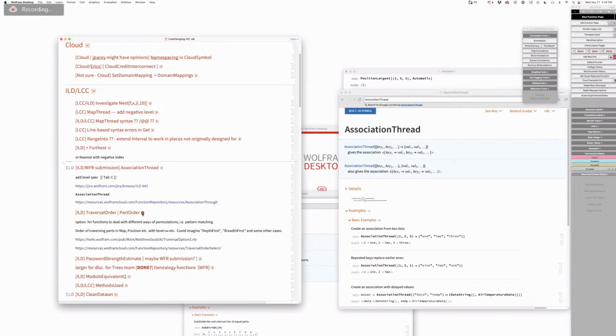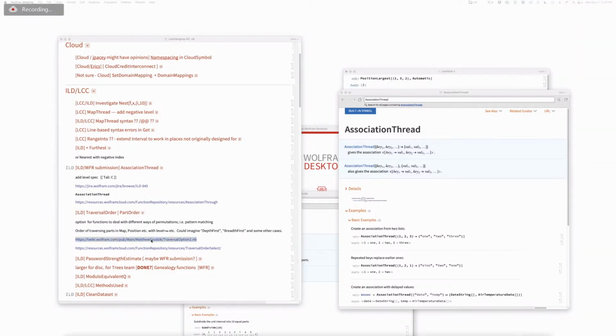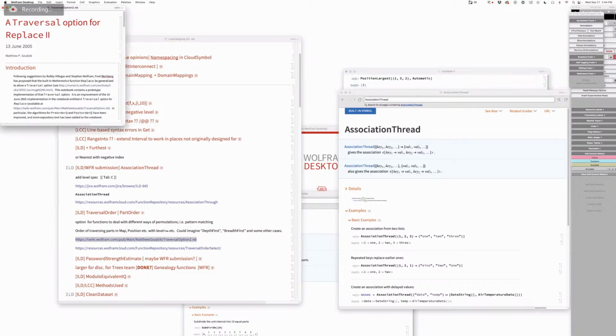Okay, let's go on here. Traversal order, I think we finally have that, right? Oh, look at this. Do we have E in here? I don't know, but we have a bunch of these. What is this? Anybody ever look at this?